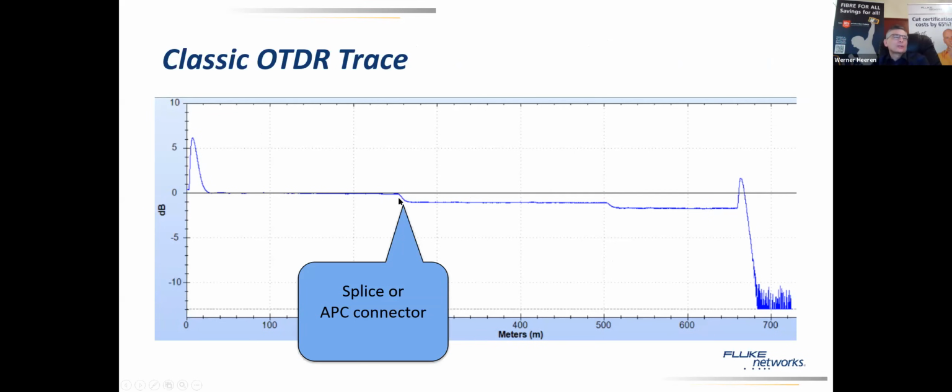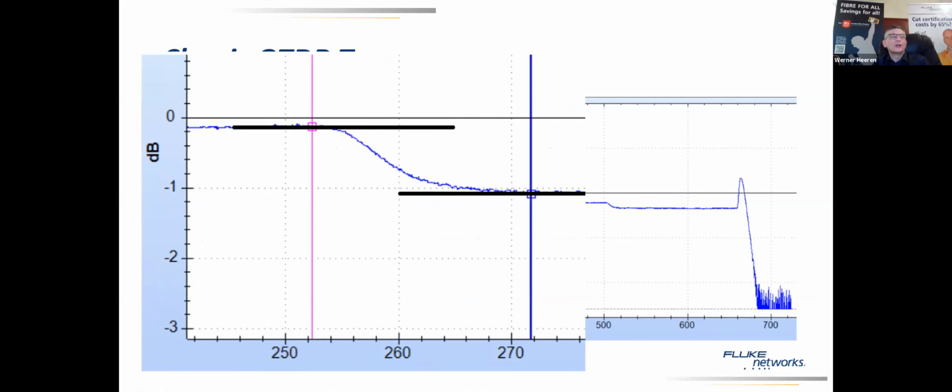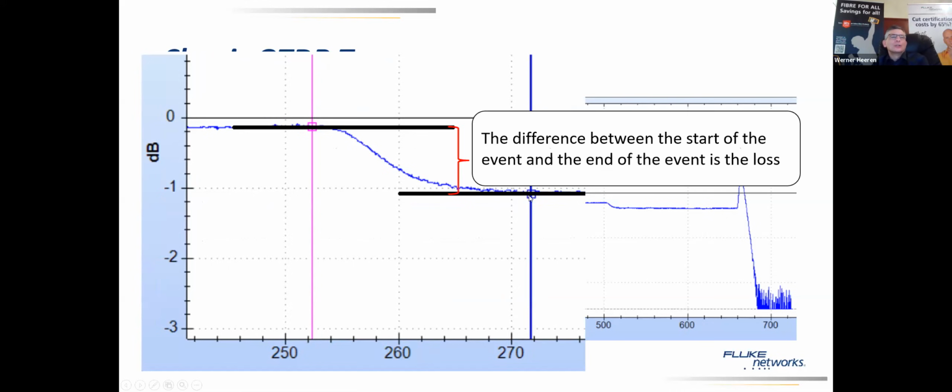So it's very important to be aware of it, that when you see a relatively small loss, is it from an APC connector or from a splice? If you zoom out a little, this is how the OTDR measures it. It measures the level here and the level behind the event, and then measures the difference. That is the loss of the event.